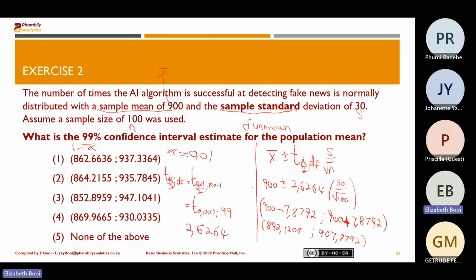And the answer is option number none of the above.